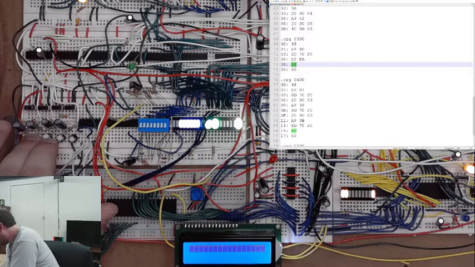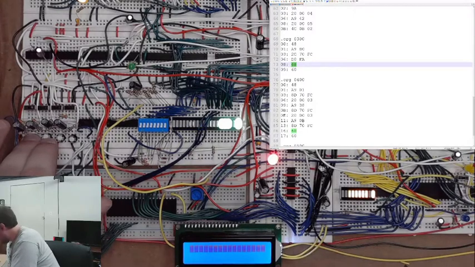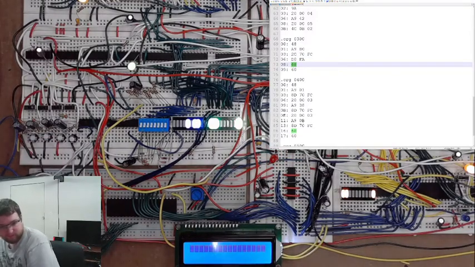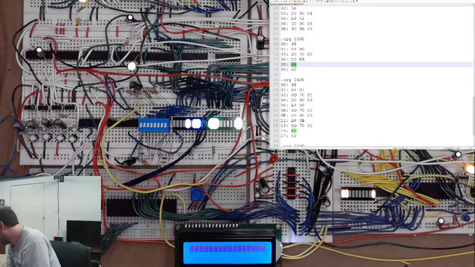This should be accessing the LCD. Right here. And it should be reading. So whatever's coming back from the LCD, which is apparently 0. Okay, now it should be doing a D0. Okay, it is actually doing D0.